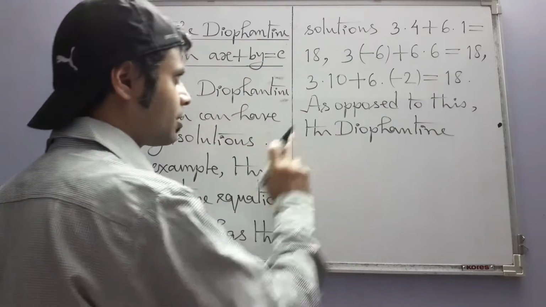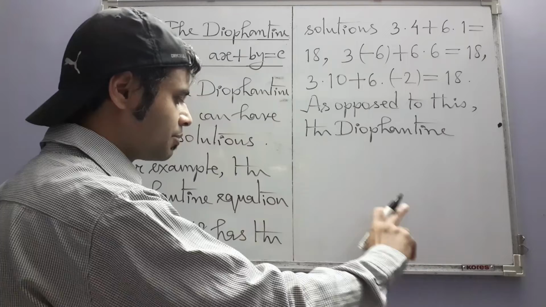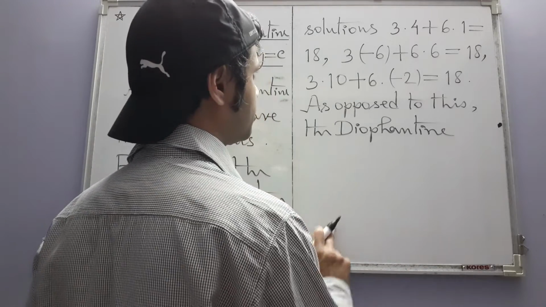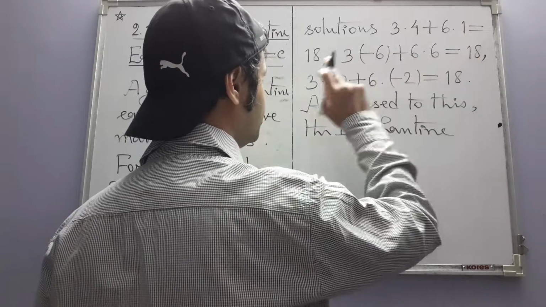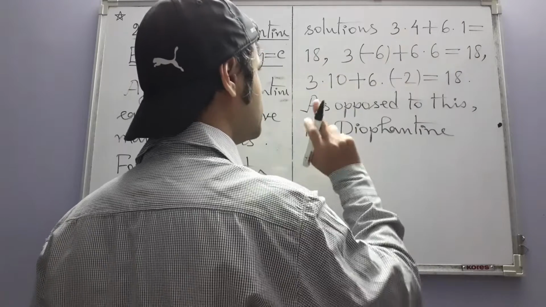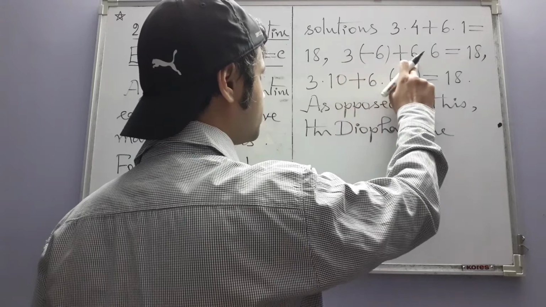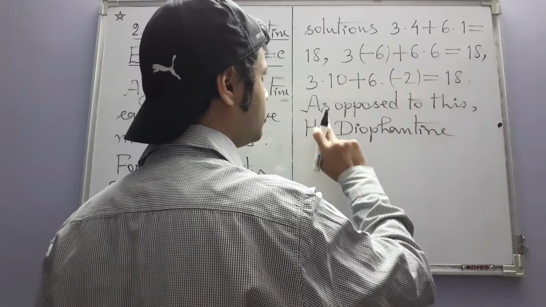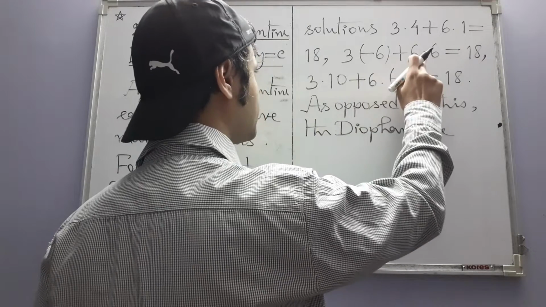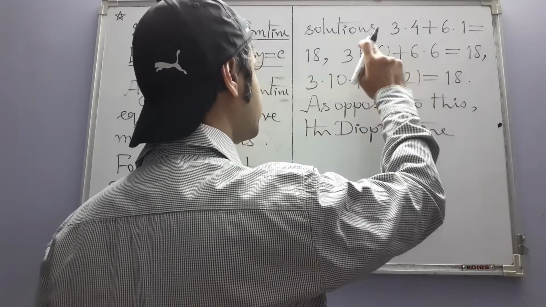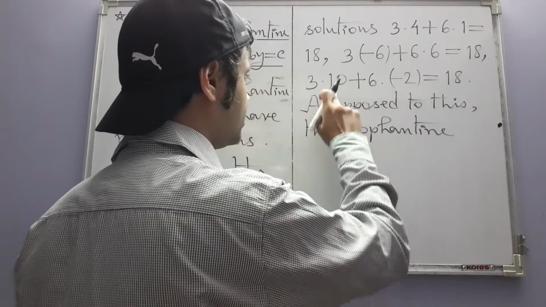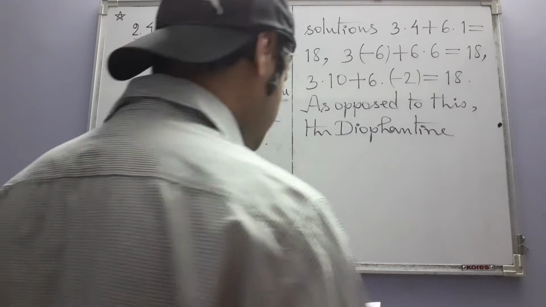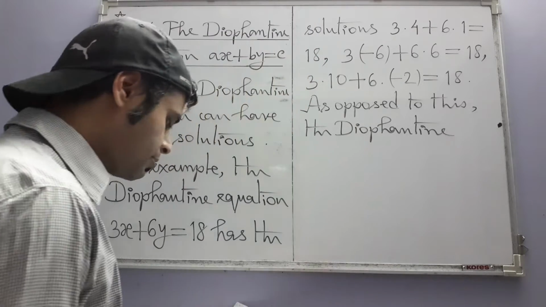It does not matter how nicely something is written in a book, we should really see whether it's true or not. There is no problem with this one, because 12 plus 6 is 18, minus 18 plus 36 is 18. Or if you take 6 common out, the other factor is 6 minus 3, which is 3. That 3 times 6 is still 18. 30 minus 12 is 18. Yeah, fine. So this one has more than one solution.